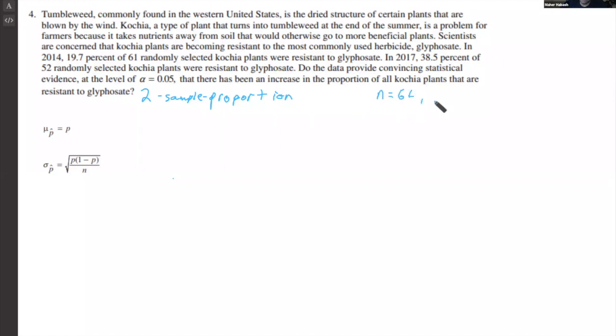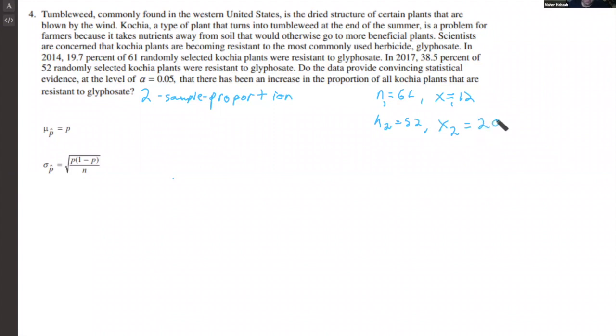And when we find the proportion, it was slightly different, 12.017, but it can't be different than that. So we know it's exactly 12. You can't have a proportion of a person or a proportion of a plant. That doesn't work. So N1 is 61, X1 is 12. And then we have to find N2, which is 52. X2, 38.5% of 52. That's 20 people. So X2 is 20.